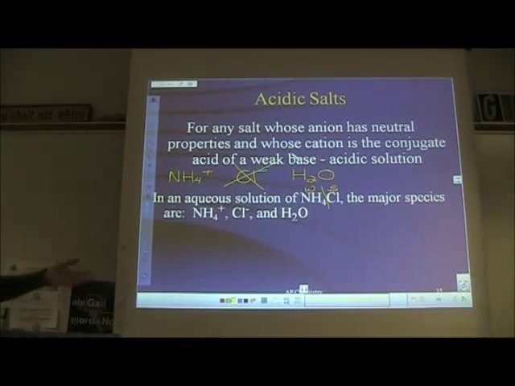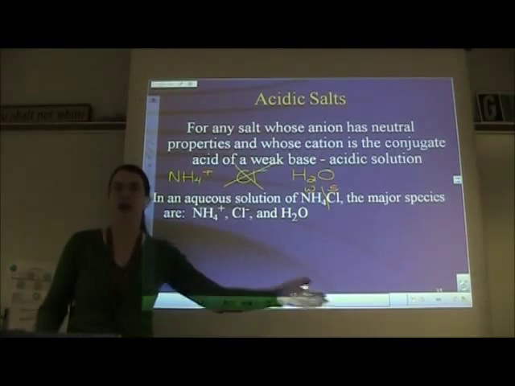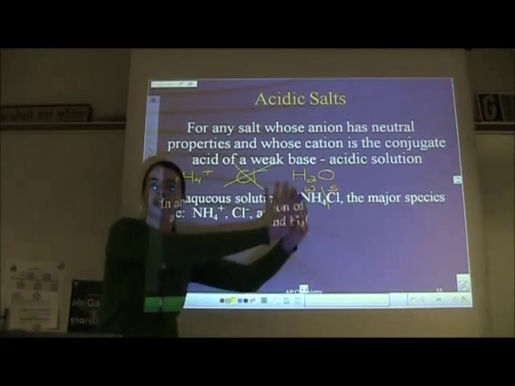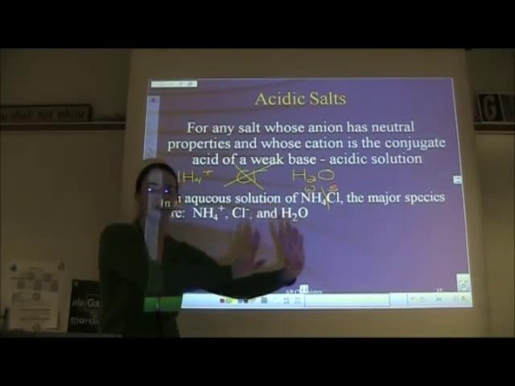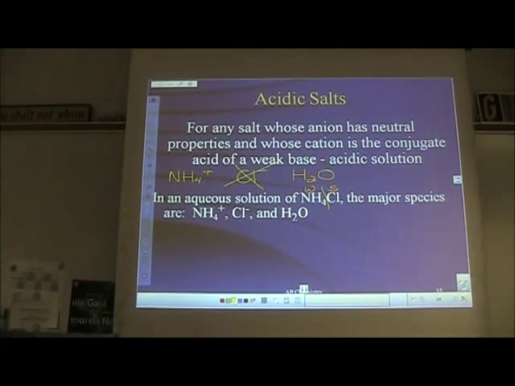And it won't, because what would it form? HCl. HCl does not want to form, so that's not going to happen. Okay? So, as strange as it sounds to say this, the weak side of the salt, if you ever have a W above one side of your salt, that is the side that will, in fact, react.